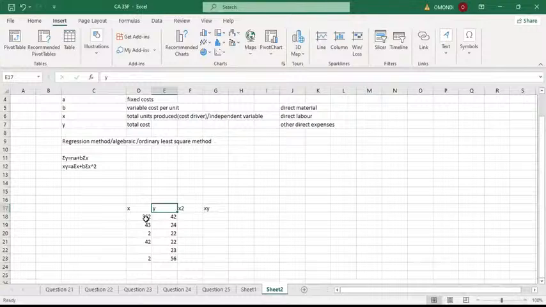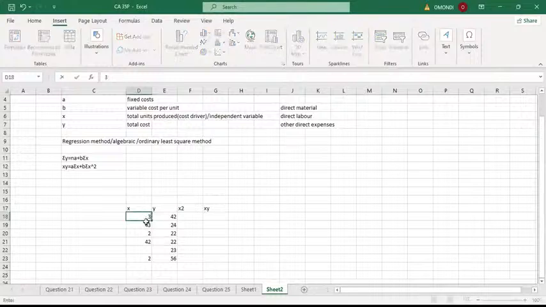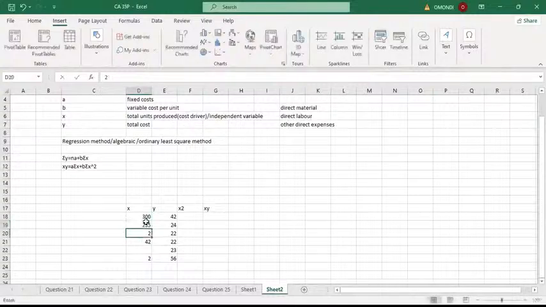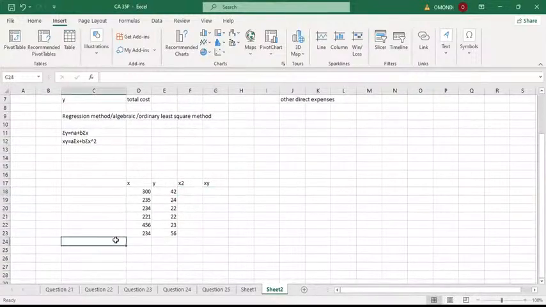So you have to identify the cost driver first, then you get X squared, you get XY, then the summations now come down here: summation of X, summation of Y, summation of X squared, and summation of XY.